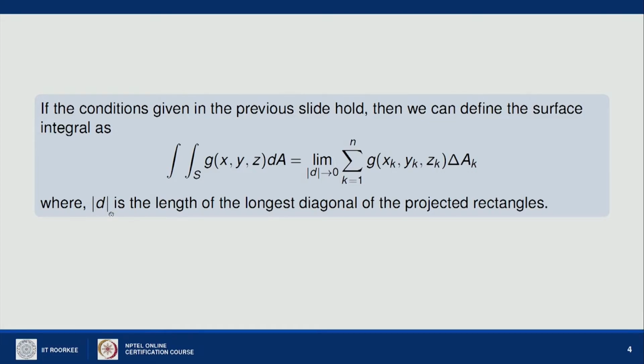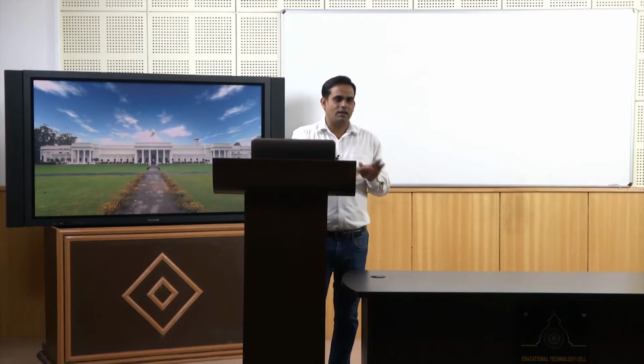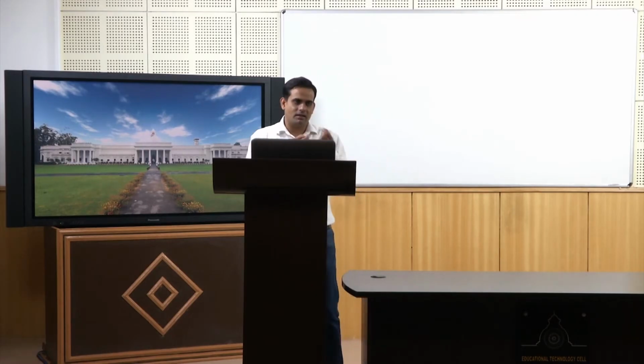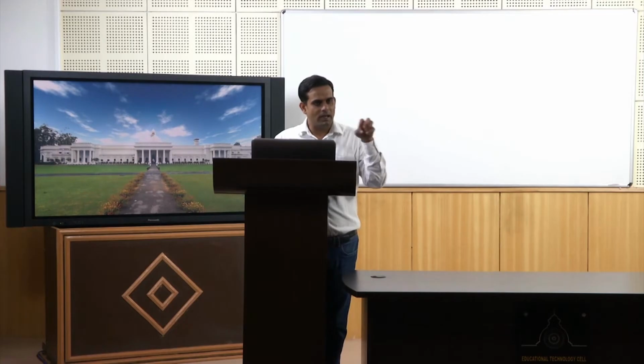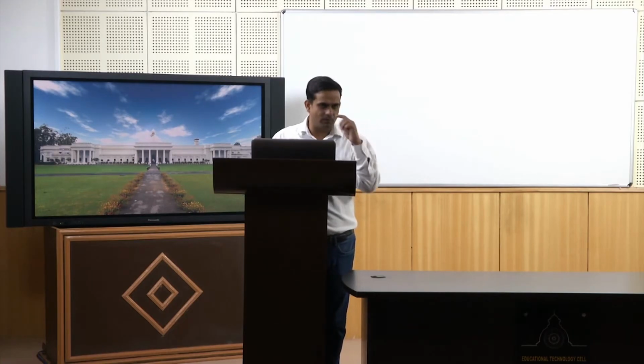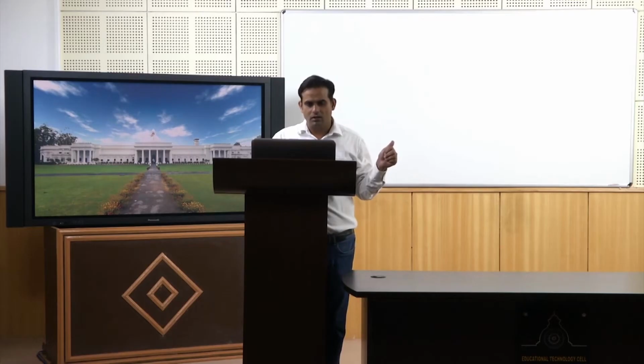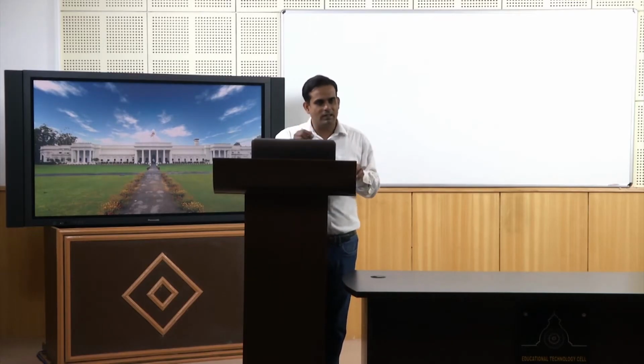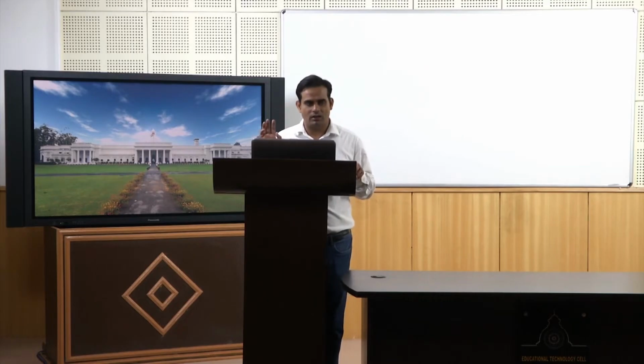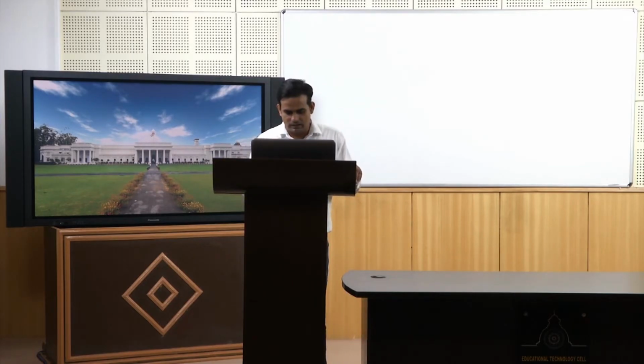Here d is the length of the longest diagonal of the projected rectangles, because we project the surface onto the xy plane, yz plane, zx plane or uv plane, and the surface is divided into small patches or small elementary surfaces. We learned how to do it in the previous lecture. So, those are projected and d is the length of the longest diagonal among the projected rectangles.